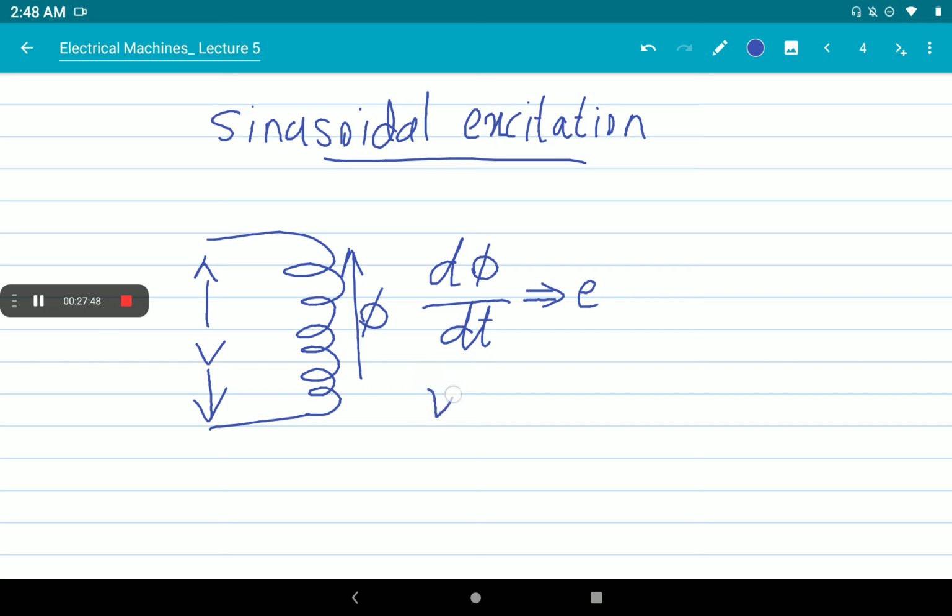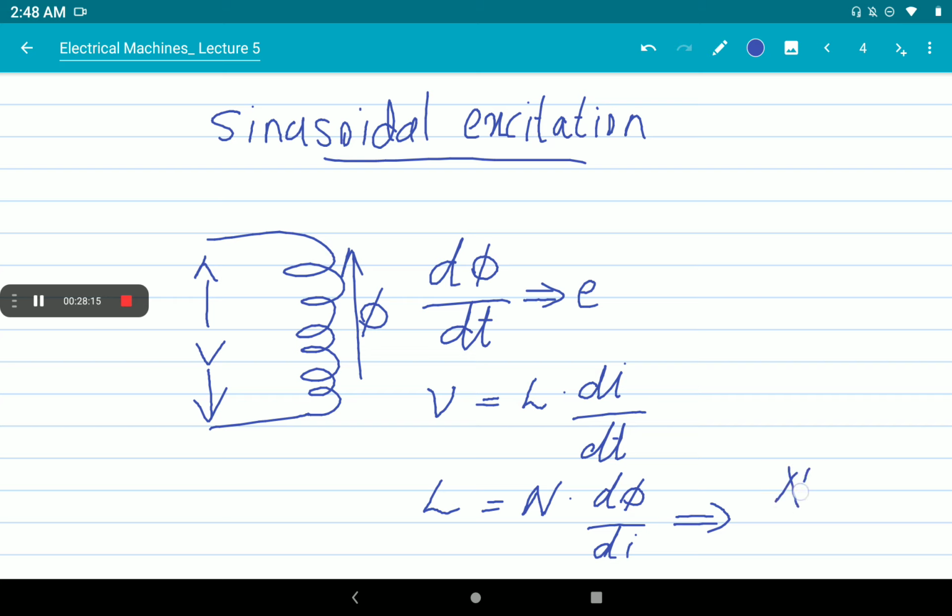So we can write V equal to, in terms of inductance, because there is a coil, L into di by dt. We also already defined that L is equal to N into d phi by di, which is proportional to N square by reluctance.